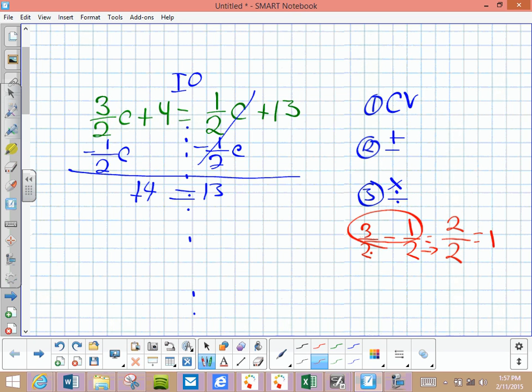So that means we will have 1C over here, right? Or just C, correct? 1C is the same thing as just C, right? If you put 2 over 2, it's the same thing. That means you did more work probably. So you subtract 4, and you end up with C equals what?